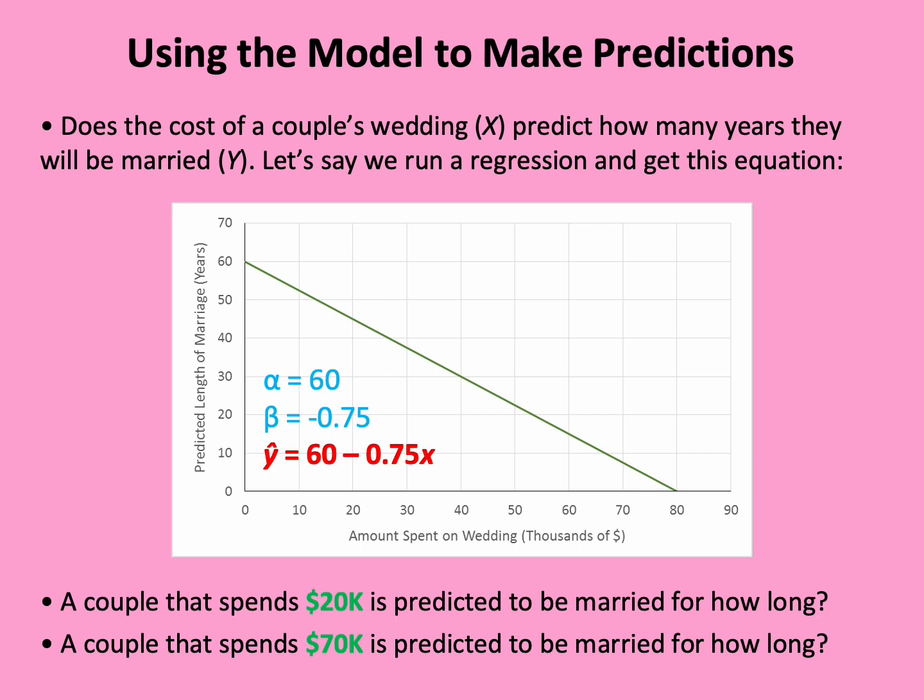Again, what do these values represent? Alpha represents the y-intercept, which is the predicted value of y if x is equal to 0. And beta represents the slope of the line.